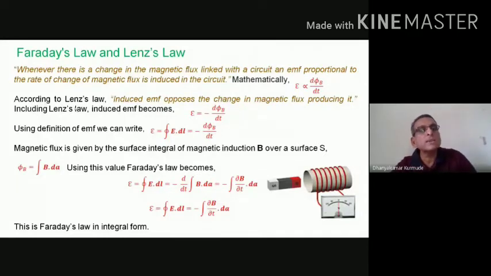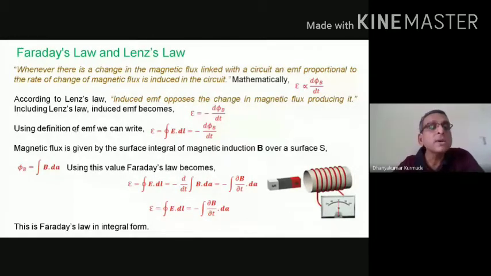Now there is another law, which is known as Lenz's law, which says that induced EMF opposes the change in the magnetic flux which produces it. So combining these two laws, we can write induced EMF E is equal to minus d phi by dt. This minus sign is due to opposition, as concluded by Lenz.